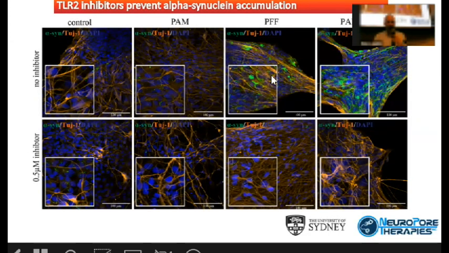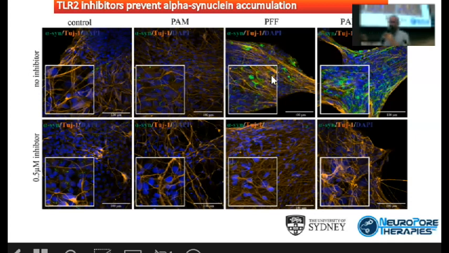A third and final example is work that we're doing with a San Diego biotech company called Neuropore Therapies. So we quite like it when people around the world want to come and use our models to test their drugs. In this instance, they're using something called a TLR2 inhibitor. So it's a drug that blocks a receptor that's thought to be involved in the uptake or the way the alpha-synuclein can aggregate in the brain.